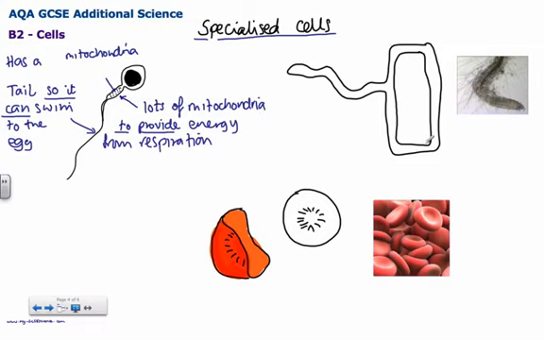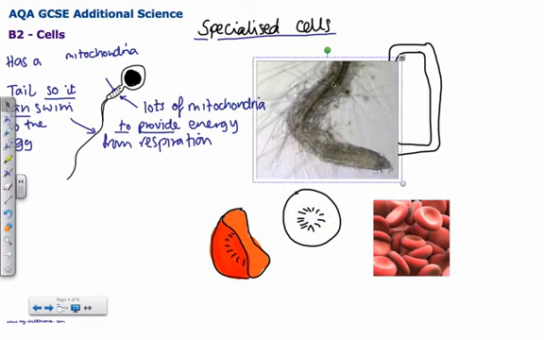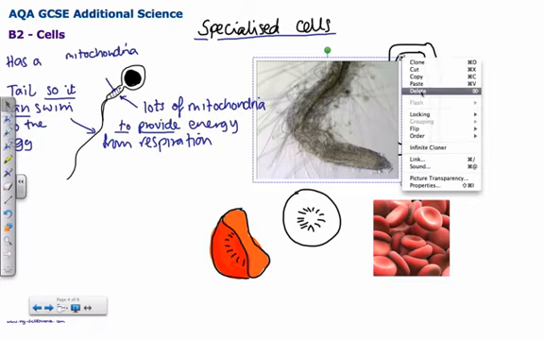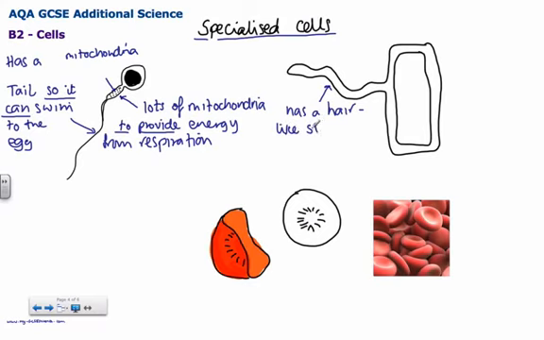This structure over here is another common type of cell you see. It's called a root hair cell, and I've got a picture here for you to see. This is a root. It's been magnified, and the root hairs are these strand-like structures that come off the root, and they are very small, and they are actually cells. The thing you notice here is this hair-like structure, and you can say it has a root hair or a hair-like structure.